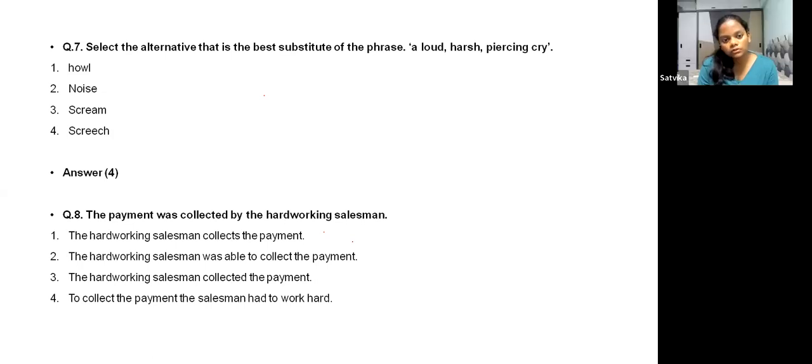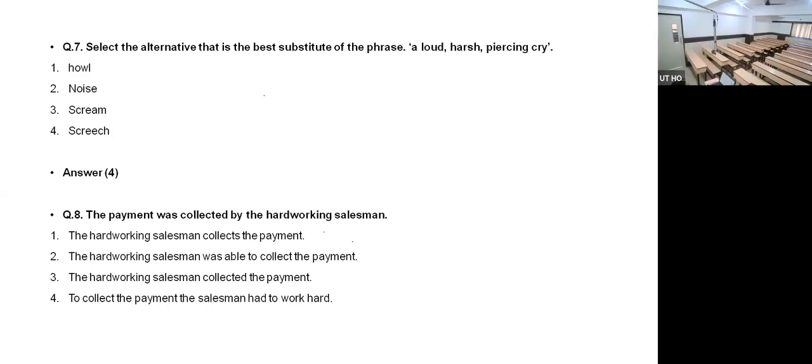Yeah. So the payment was collected by the hardworking salesman. Number 2 says the hardworking salesman was able to collect. 3 is the only one which keeps the form correct. So just collected would be fine.